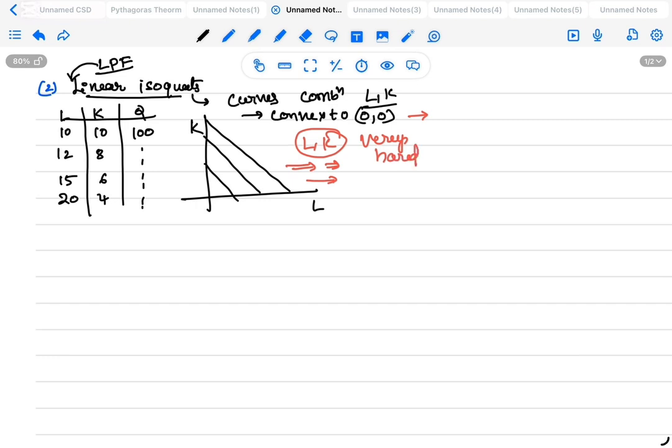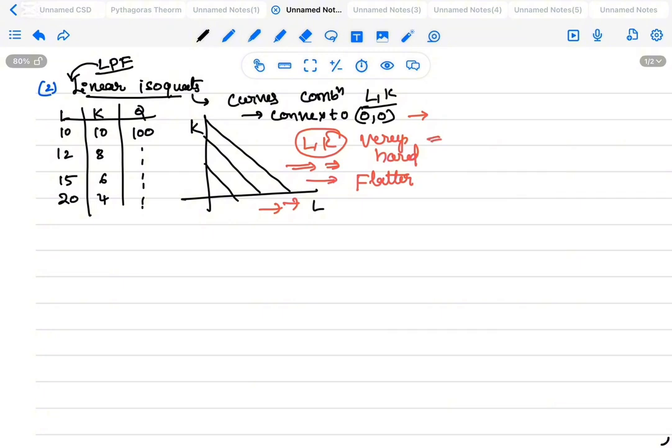This is called convex to the origin. From these curves, when we move to the right side, the curves become flatter. So these are very hard to substitute; replacing K with L is difficult.